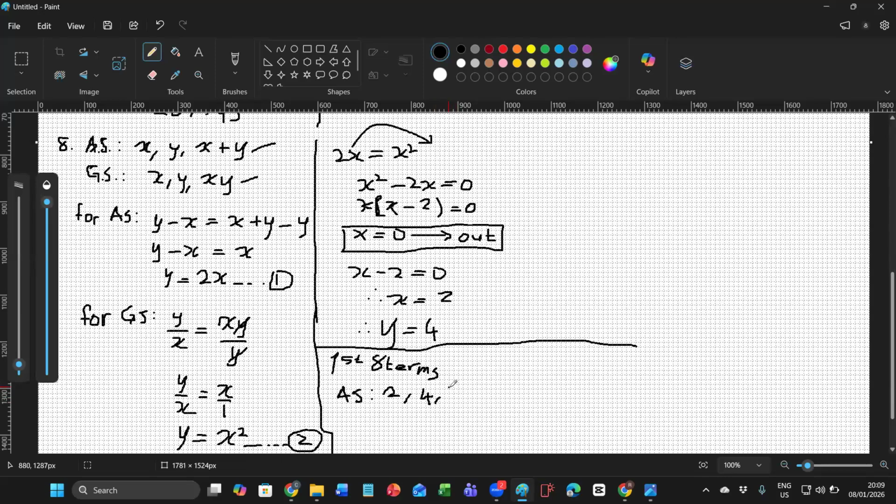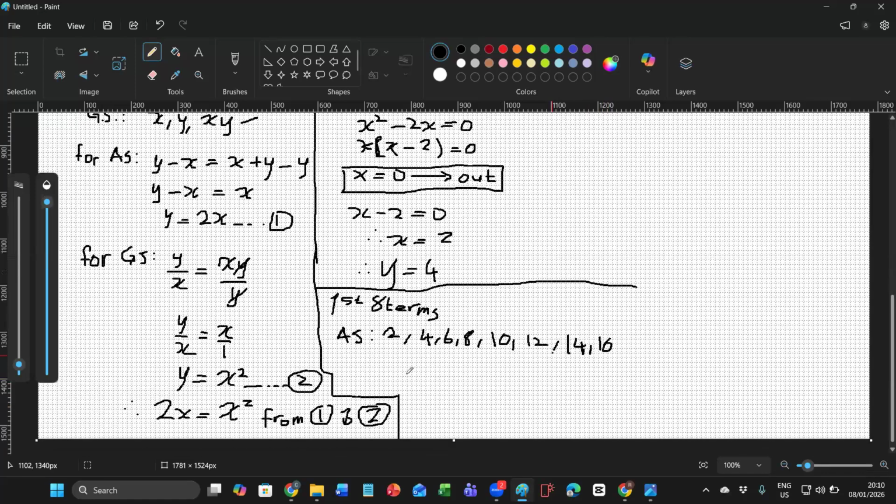It's even numbers, so that's 2, 4, 6, 8, 10, 12, and what else? 1, 2, 3, 4, 5, 6, 7, 8. Okay, so I think we may still need a calculator for this, but let's keep that first.